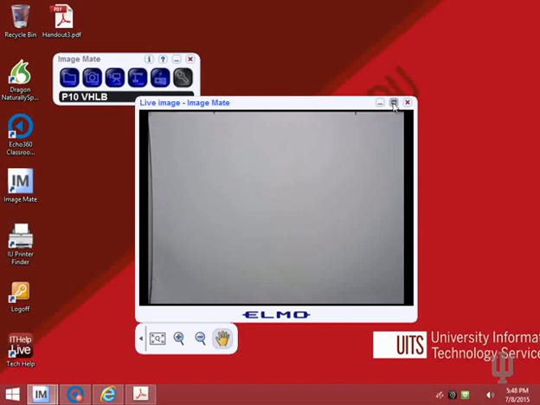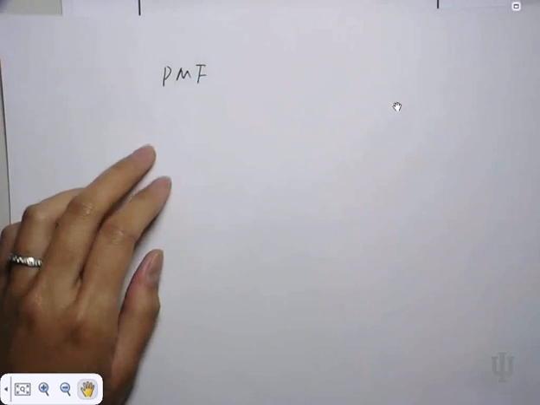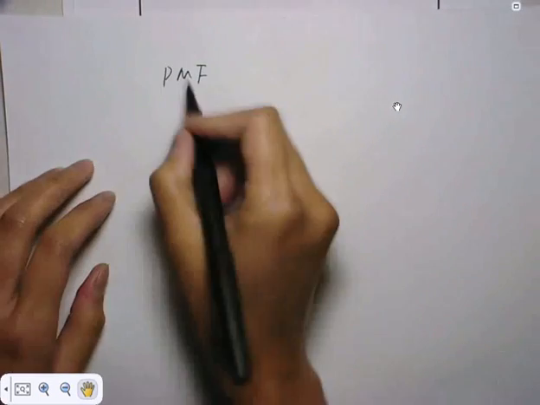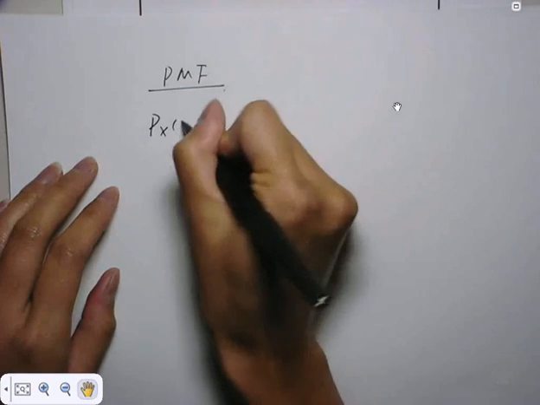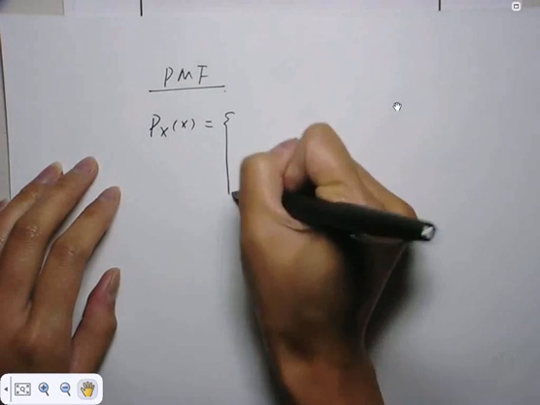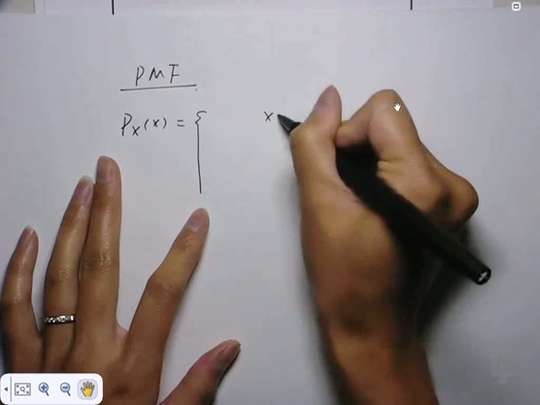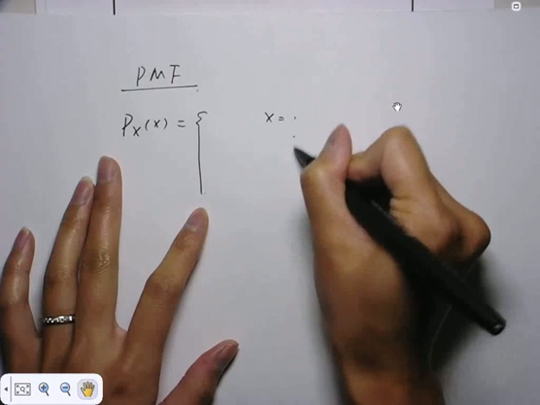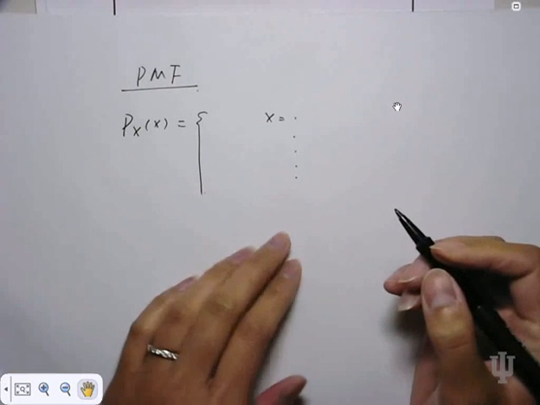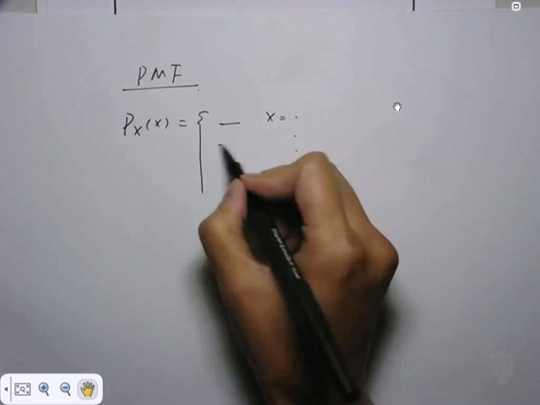Okay. So we learned the PMF, probability mass function. So basically, you can write like this, and x, the little x, takes on any value, the possible x value, the value of your random variable, and then the probability here.